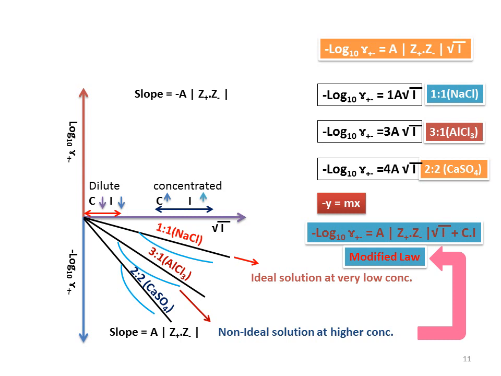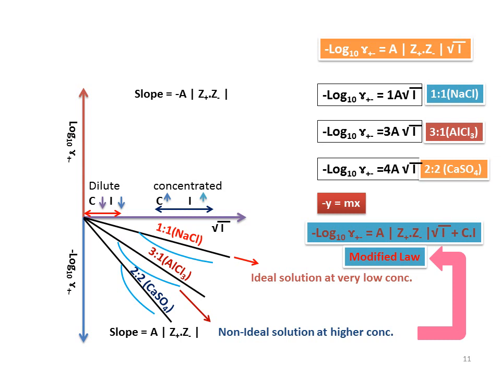If we increase concentration from left to right on the x-axis, then the ideality does not remain the same. As in the curves of the blue lines of the graph, it is not a straight line, so it does not follow the straight line equation. So these are non-ideal solutions at higher concentration.